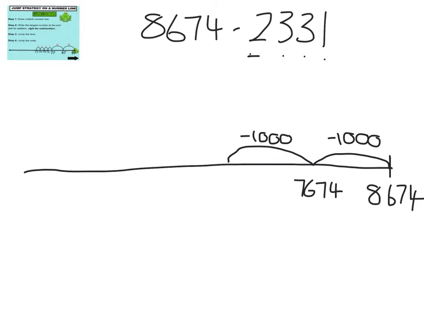Then I'm going to take away another 1,000. So I'm going to get 6,674. Then I need to take away my hundreds. So I've got 3 hundreds here. So I'm going to take away 100, which is 6,574.